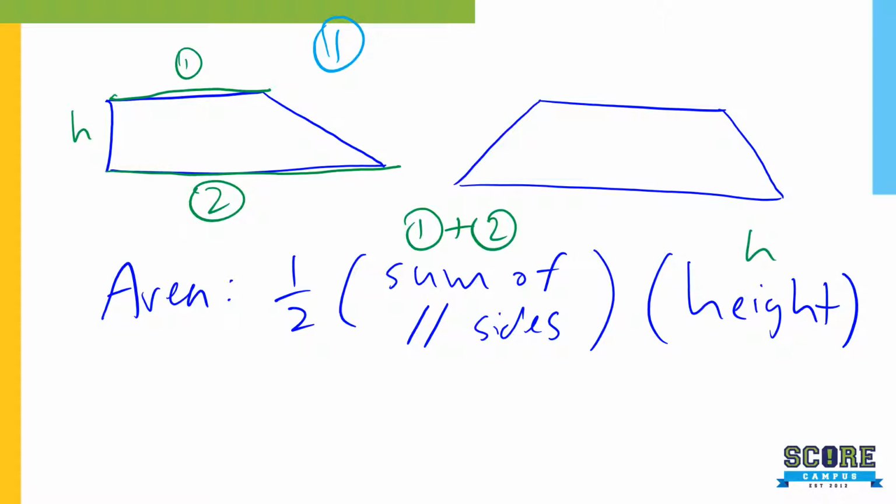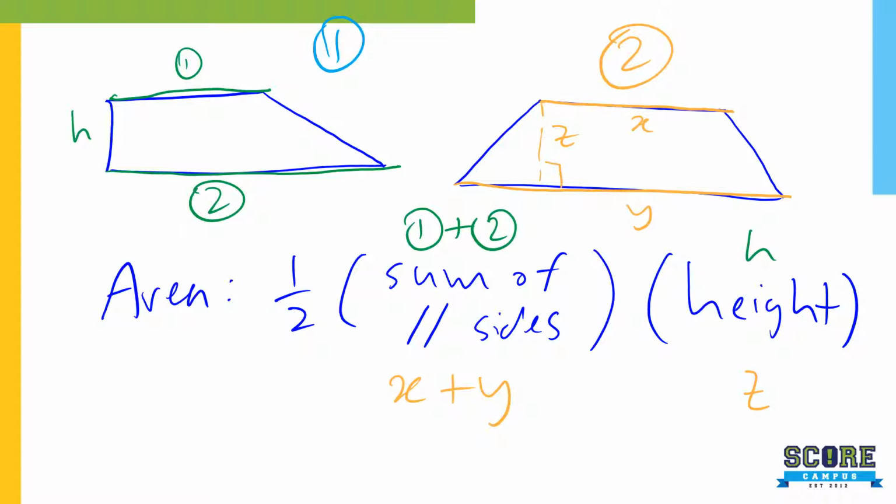For trapezium 2, this is x, this is y, and this is z. So for trapezium 2, the sum of the parallel sides is x plus y, and the height is z. So that's how you find the area of a trapezium: half times sum of parallel sides times height.